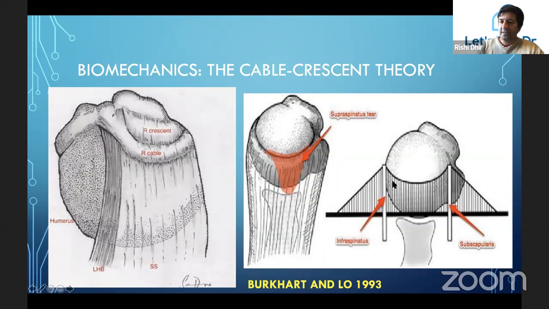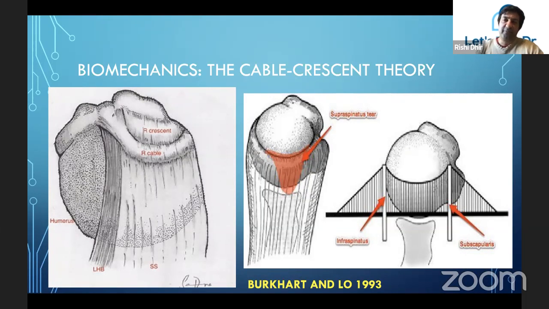And you've got the tendon here, which when it falls away from the bone, if you've got intact rotator cables, the tendon will only go down a bit and the person might still have good function. However, if you basically lose the rotator cable or you lose one of these struts here, the whole bridge will fall down. So it's a biomechanic model.